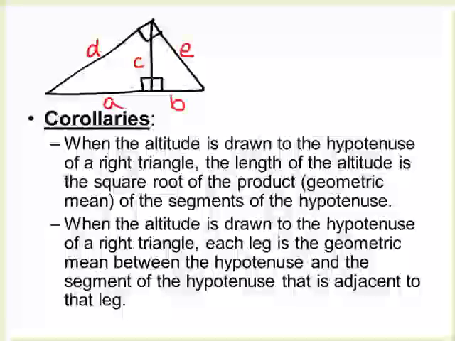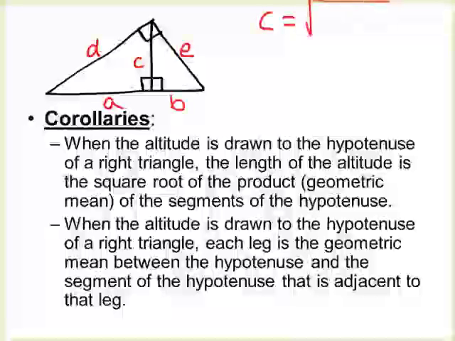So the first corollary says, when we draw this picture, the length of the altitude, using the letters that I labeled there, the altitude would be C. The length of the altitude is, or equals, the square root of the product.